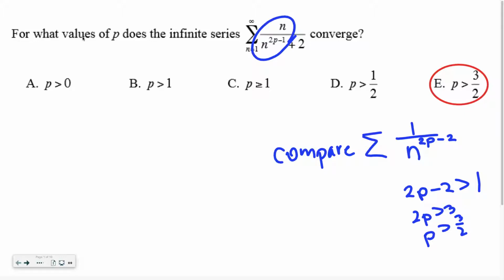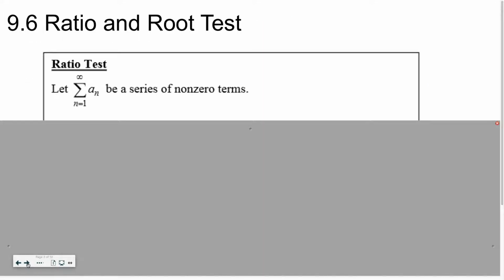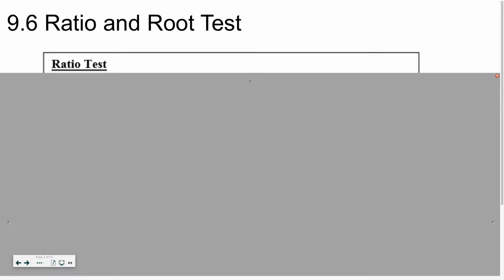So today is my favorite test: the ratio test. It is, because the ratio test we actually get to use quite a bit even later on in this chapter. So the ratio test has 3 parts.